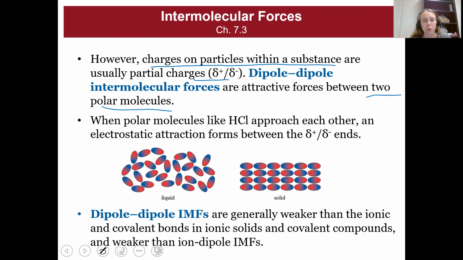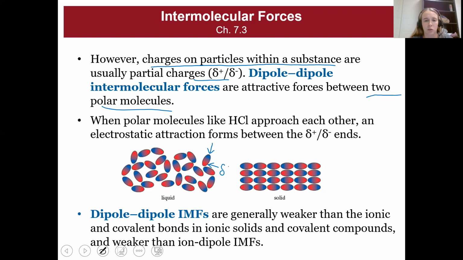All right, so when polar molecules like HCl approach each other, so two HCl molecules coming together, an electrostatic attraction forms between the partial positive and the partial negative ends. So if we call, I don't remember what your book calls each color, but I would guess that red is the negative end.